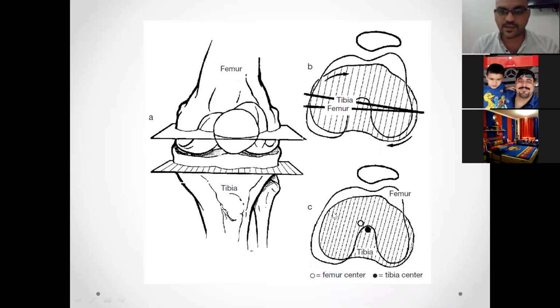In the cross-sectional or axial view, you can see the tibia, which is serrated now, and you have the dot in black. It is exactly equidistant anteroposteriorly and mediolaterally, which does not coincide with that of the femur. You can see the center of the femur on the white dot.